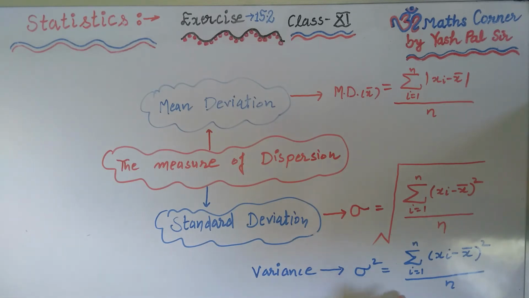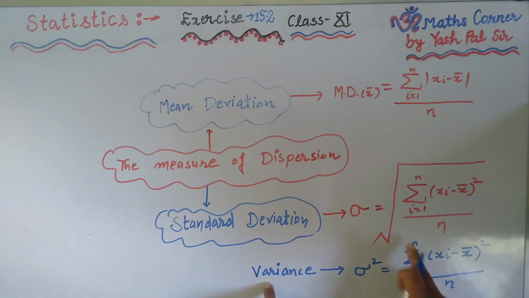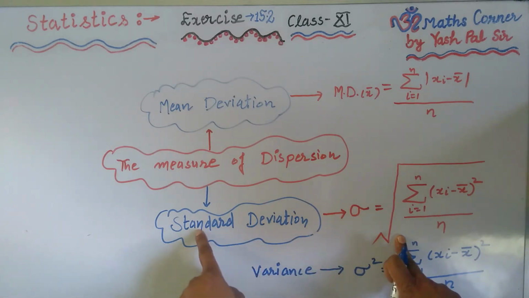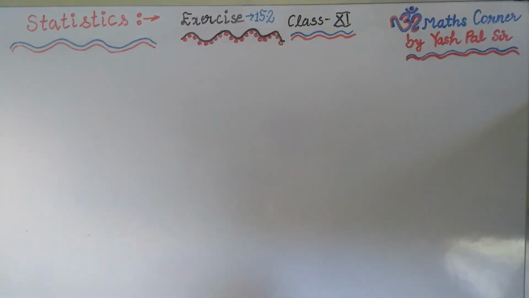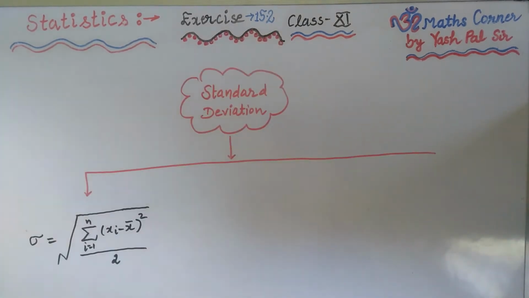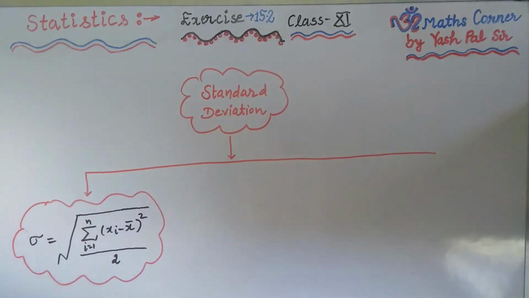So for the calculation of standard deviation we first find this value, that is, we find the variance. Thereafter we take the square root, and the standard deviation is calculated by taking the square root of variance. Therefore, this is the formula for finding the standard deviation when we are discussing ungrouped data.